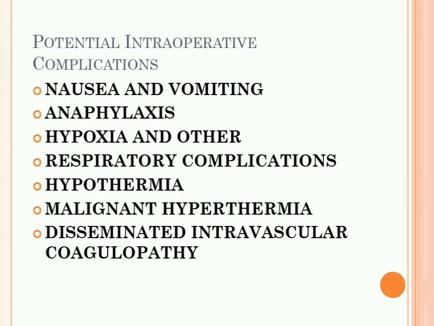Now, in malignant hyperthermia, this mechanism is disrupted. Calcium ions are not returned and they accumulate, causing clinical symptoms of hypermetabolism, which in turn increases muscle contraction or rigidity, hyperthermia, and damage to the central nervous system.